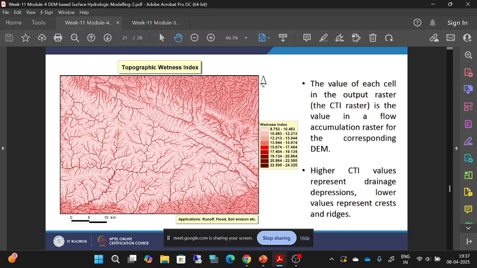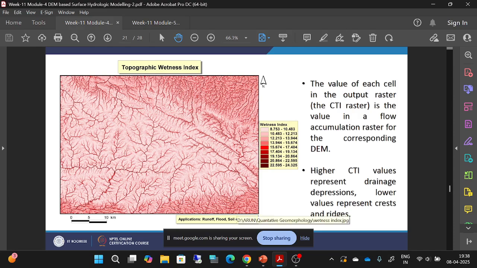The application of this topographic wetness index is to study the runoff, the flood, soil erosion. When you calculate the topographic wetness index, the value of each cell in the output raster of the topographic wetness index, or the CTI, is based on the flow accumulation raster for the corresponding digital elevation model.